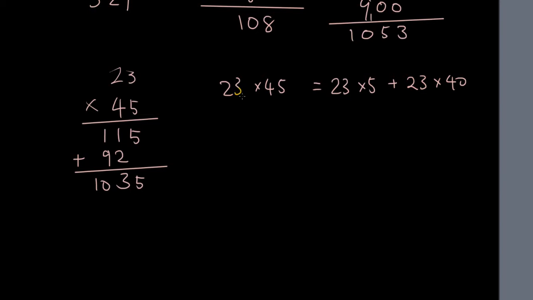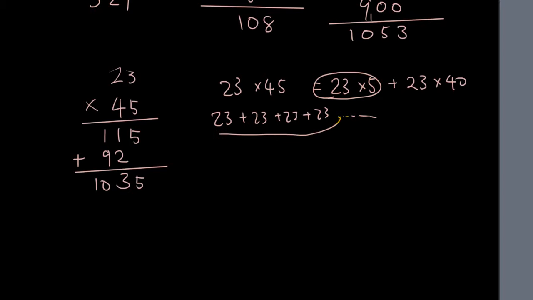Right, because if you think about it, 23 times 45 means 23 plus 23 plus 23 plus 23 dot dot dot 45 times. Now that's the same thing as 23 times 5, which is the first 5 of these, plus the next 40 of them. So that's why you can break it up like that.